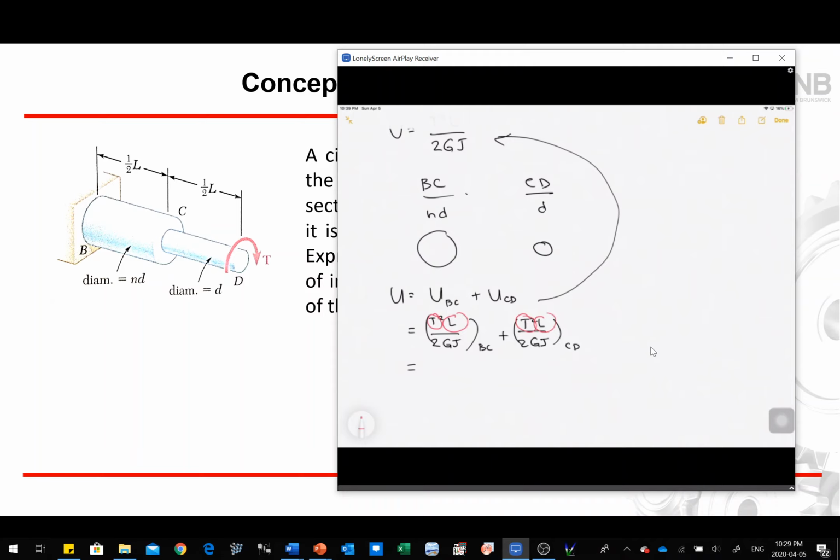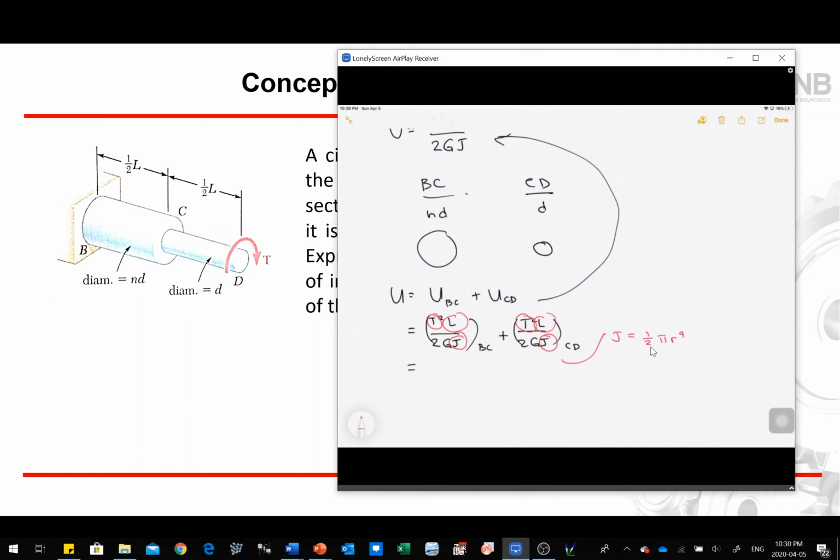Now we have our polar moment of inertia right here, and this is a little bit different because for the polar moment of inertia, we know that the equation is J is equal to 1/2 pi r to the 4th.